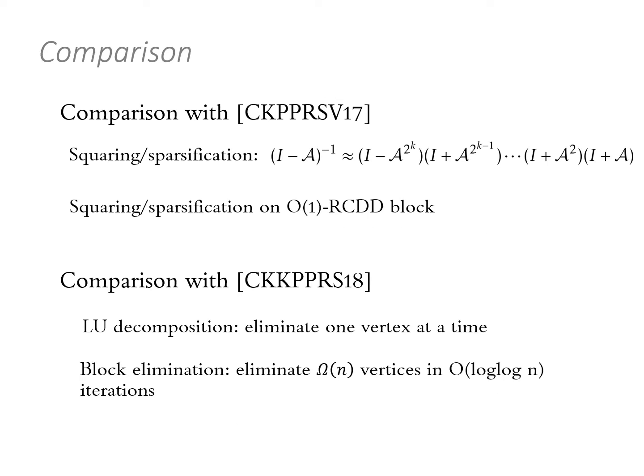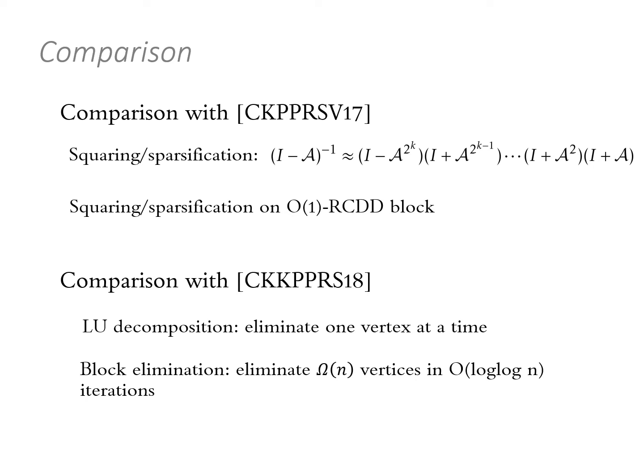Let me give a brief comparison with some previous works. Compared with the almost linear time directed Laplacian solver, their approach, very briefly speaking, can be regarded as squaring and sparsification on the entire matrix, while sparsified block elimination can be regarded as squaring and sparsification on an RCDD block, which has much simpler structure compared with the whole Laplacian matrix.